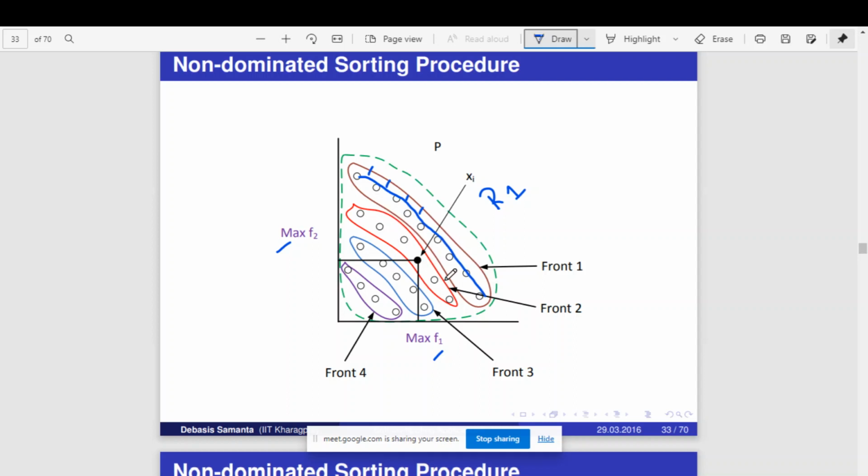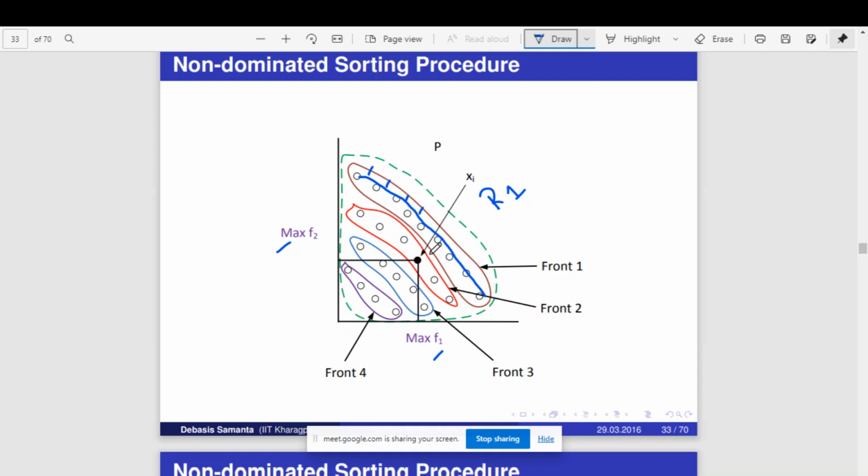What about these individuals in front 2? What will be their rank?